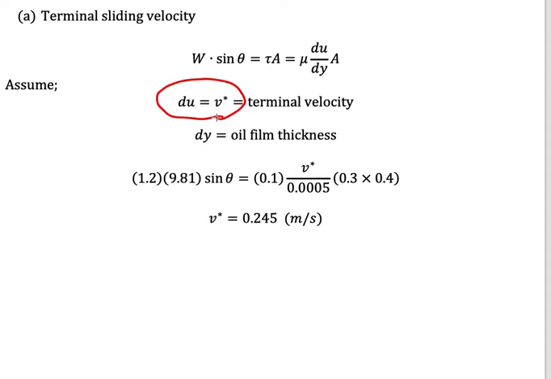We just assume it is a constant velocity, so it becomes v star, and dy here becomes the oil thickness. If we calculate, it is around 0.245 meter per second. So this is the idea of how to calculate the terminal sliding velocity.